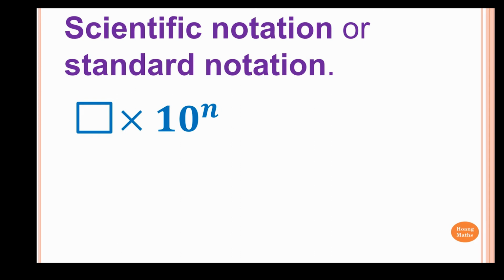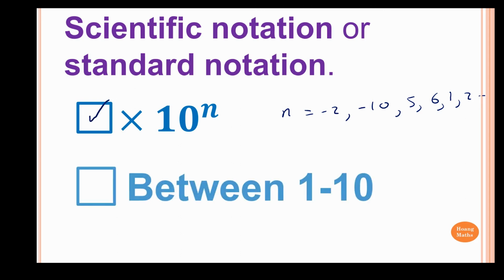So n can be any integer. For example, it can be -2 or -10, can be 5, 6, 1 or 2 and so on. So that's n. This number here must be between 1 and 10.